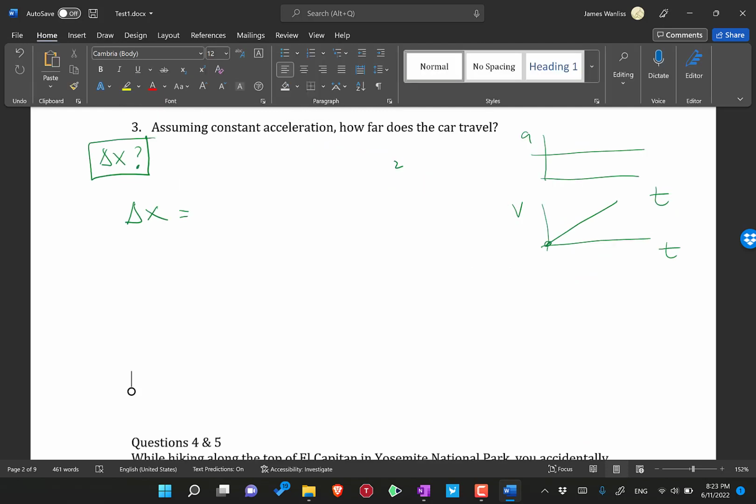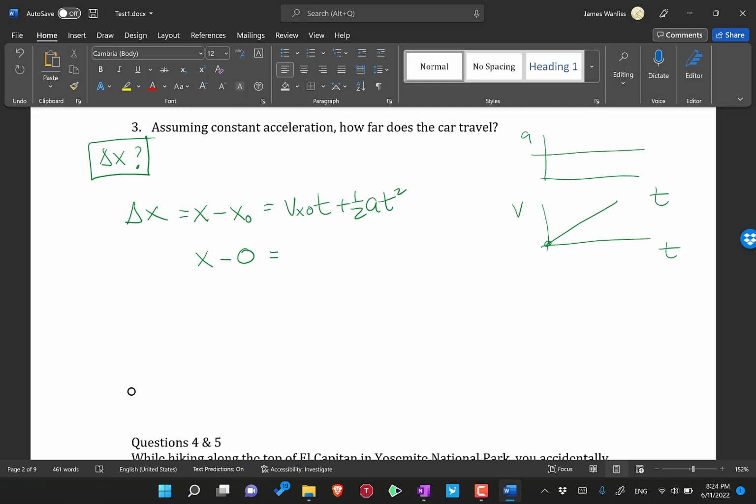We have delta x, which is final position minus initial position, equals vx0 t plus half a t squared. x minus 0, because that's our starting position, is equal to vx0.